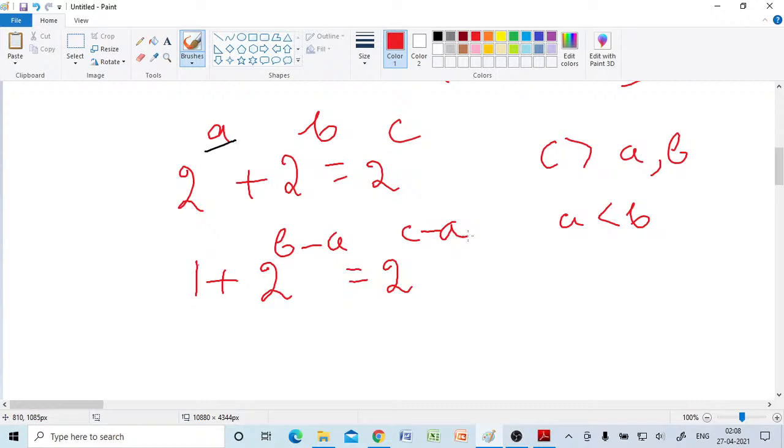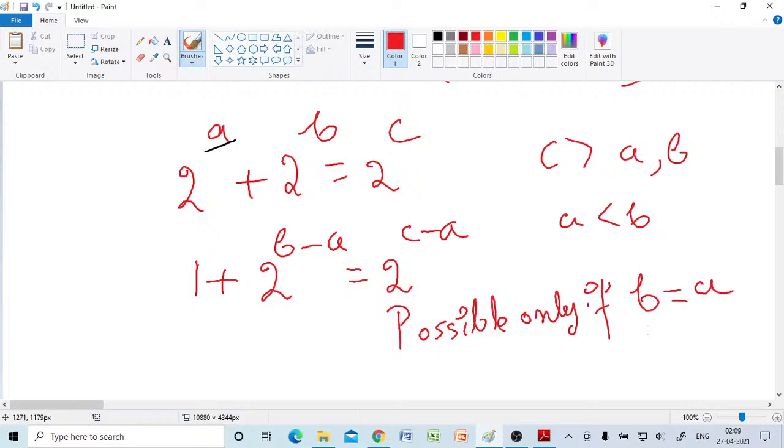From here we can understand that this is possible only if b equals a and c equals a plus 1.